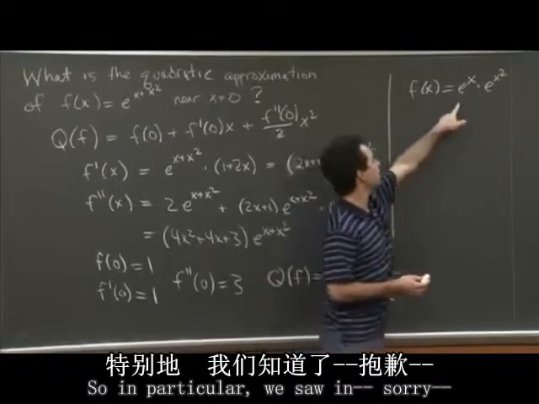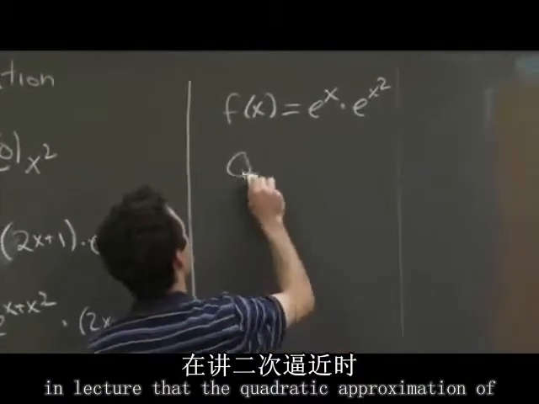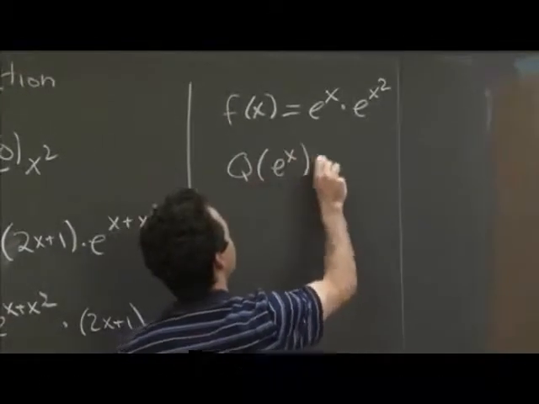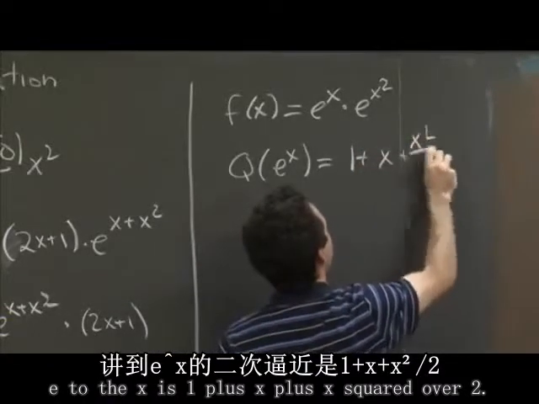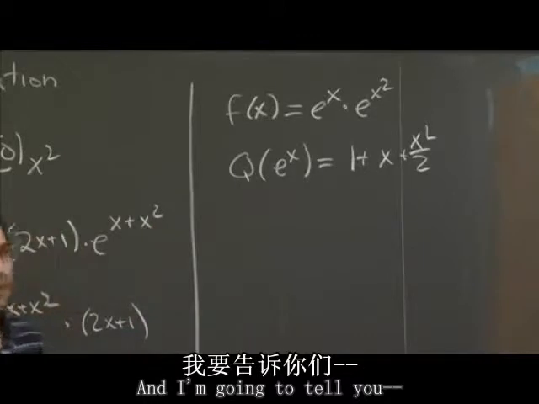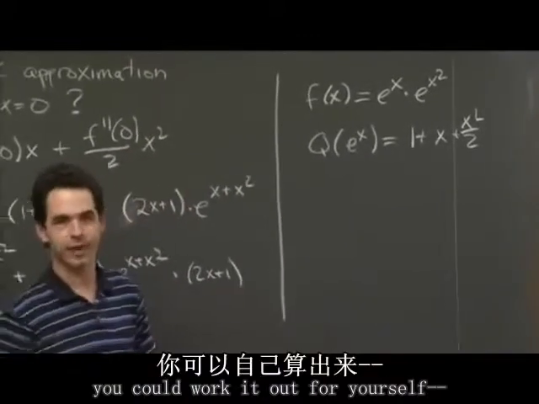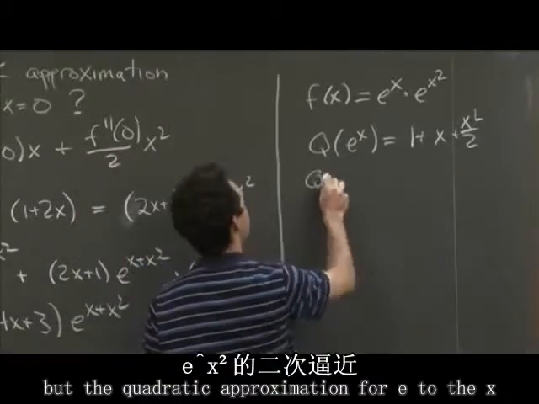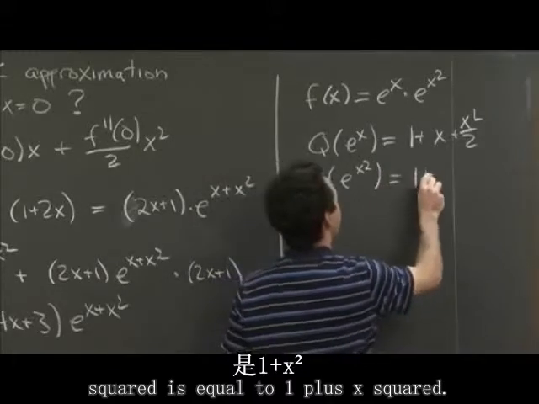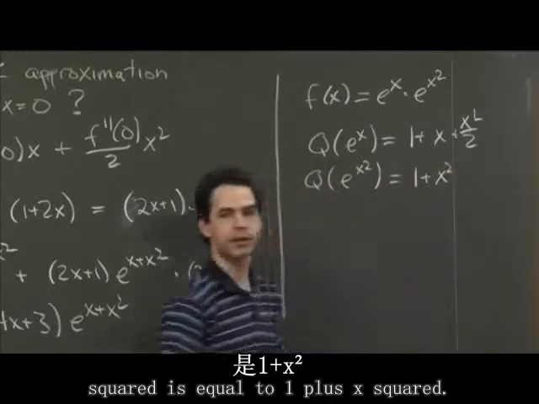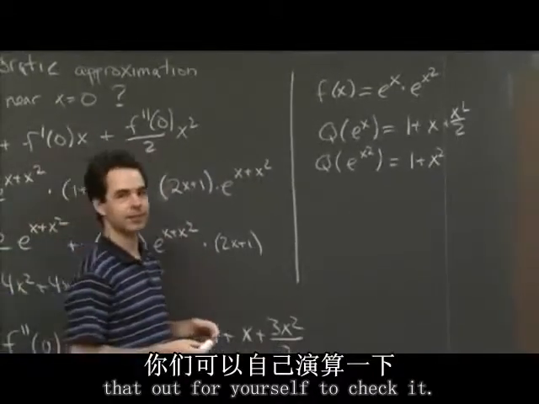We saw in lecture that the quadratic approximation of e to the x is 1 plus x plus x squared over 2. And I'm going to tell you, if you haven't seen it in recitation, there are a bunch of different ways you could work it out for yourself, that the quadratic approximation for e to the x squared is equal to 1 plus x squared. If you don't believe me, by all means, work that out for yourself to check it.